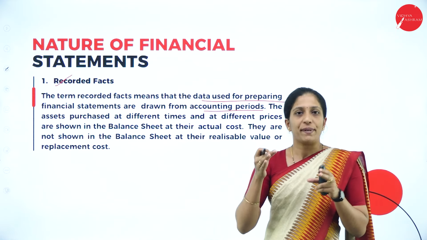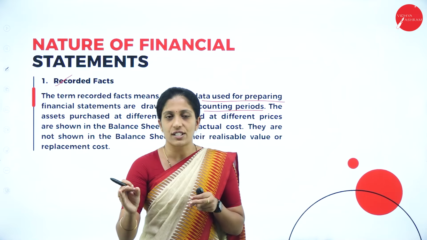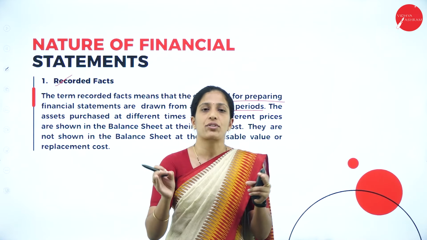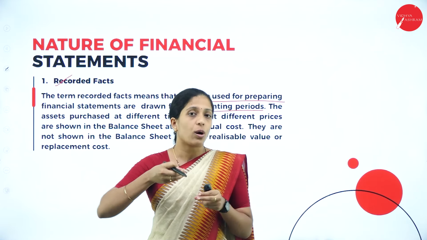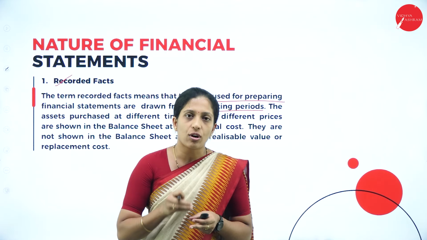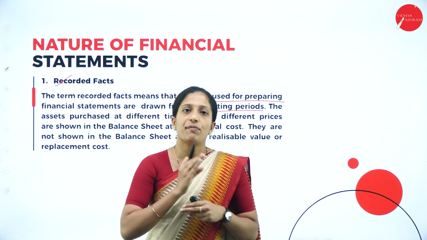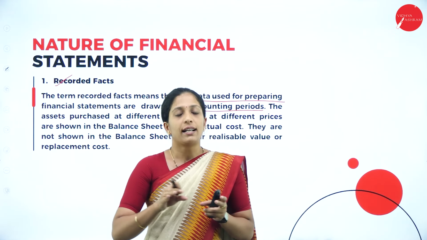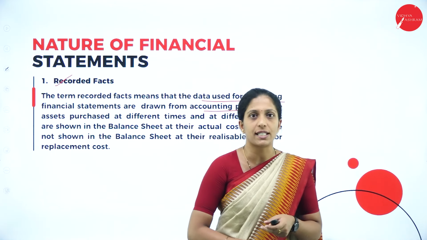We will take a particular accounting period, which starts from 1st April to 31st March, and whatever transactions have taken place in that period, we will record in the books of account only those which are measured in terms of money, and we will process those transactions, and at the end of the accounting period, we will prepare the financial statement.